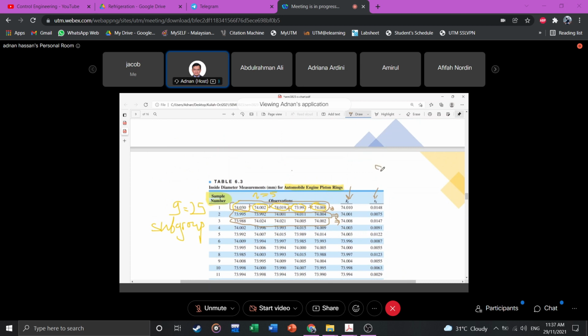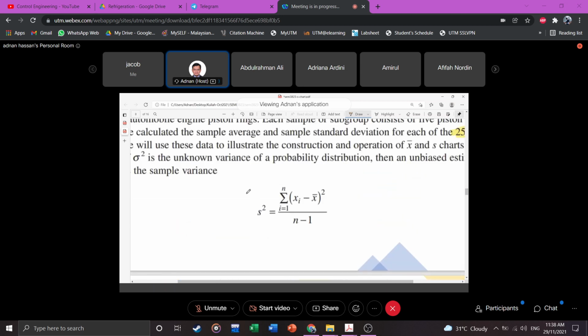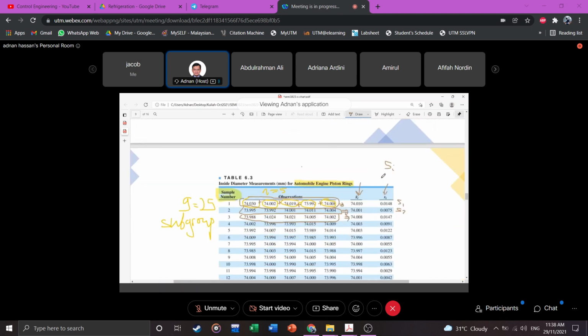This is the standard deviation. S1, S2, and so on. The S is given by this formula, which is how to get the standard deviation for those 5 samples.